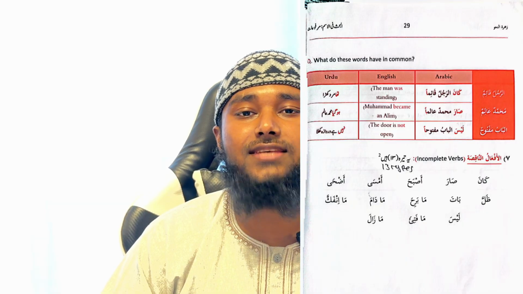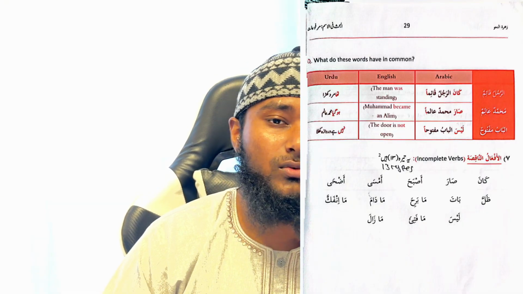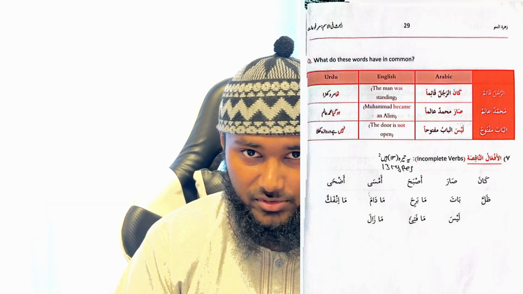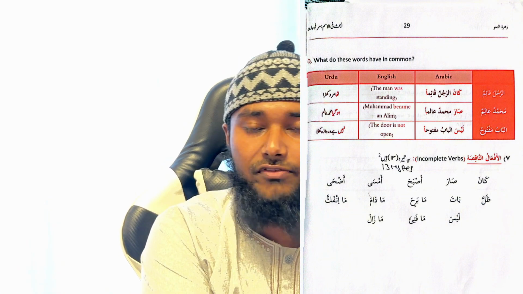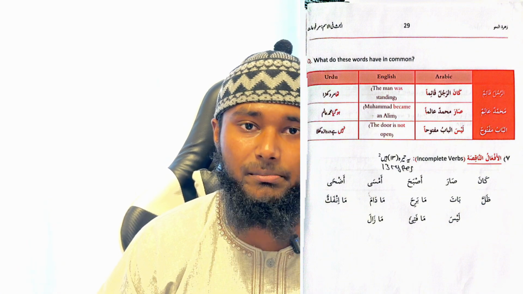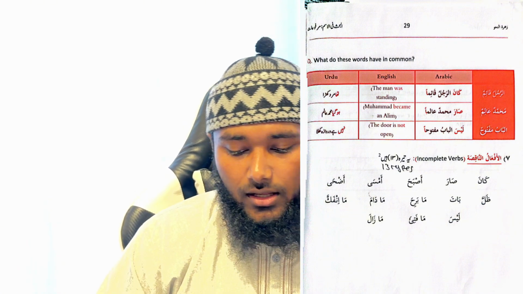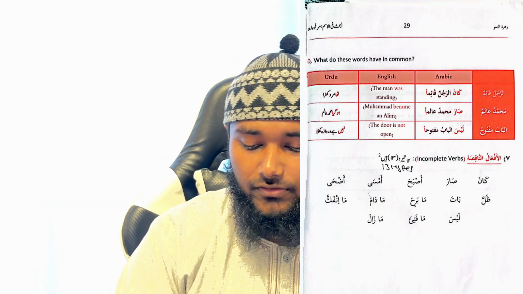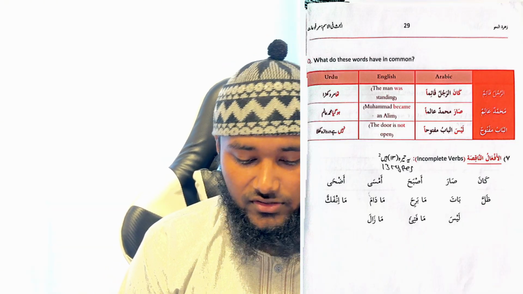So you say laysa al-babu maftuhan. Maftuh is the khabar, the information, so you make it move from rafa' case to the nasab case, from dhamma to fatha. And this is the chapter of al-af'al al-naqisa.